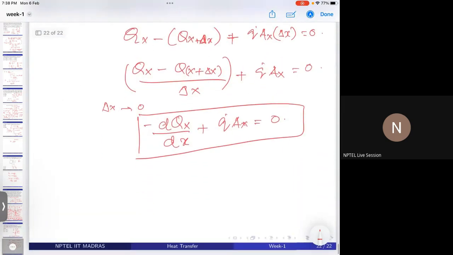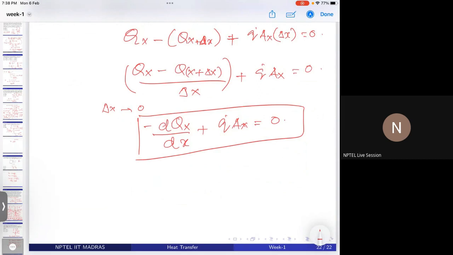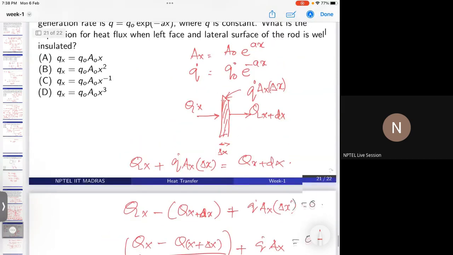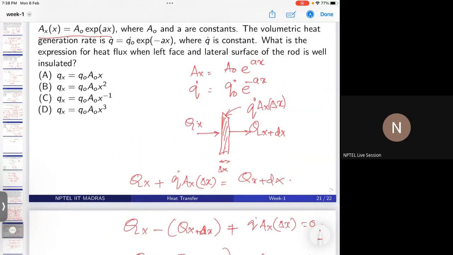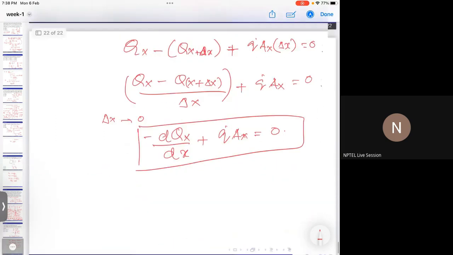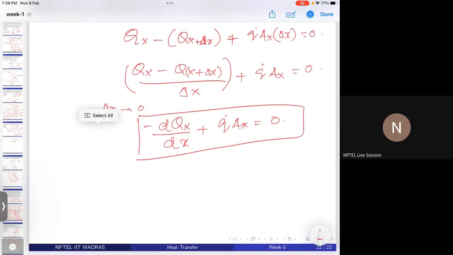Please try to solve this in the next class and come and ask for verification. The answer is the first one, that is Qx is equal to A0 Q0 into a0 into x. If you have any doubt, I will solve it in the next class. It's only two steps.